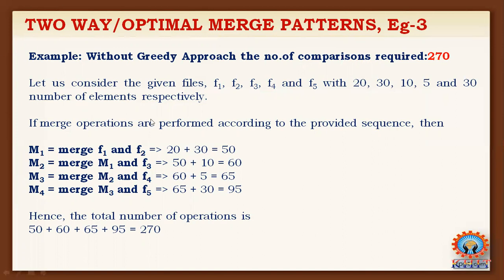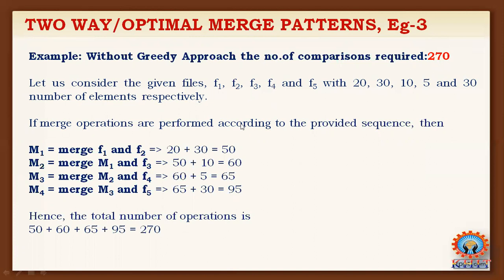If you solve the problem without the greedy approach, the total number of comparisons required to merge all 5 files is 270. Now we will see how 270 is generated. In the given problem, there are 5 files, each with its size given, and we have not arranged the files according to their size.